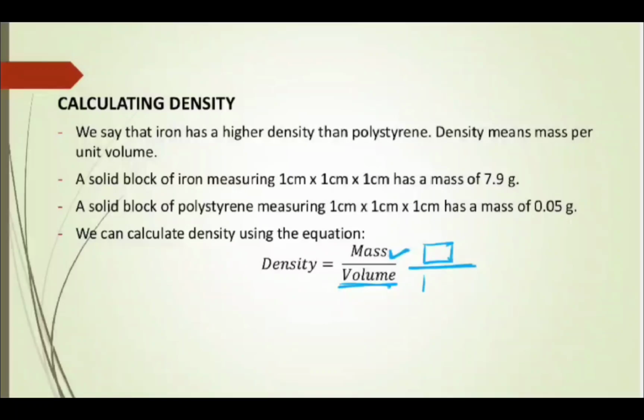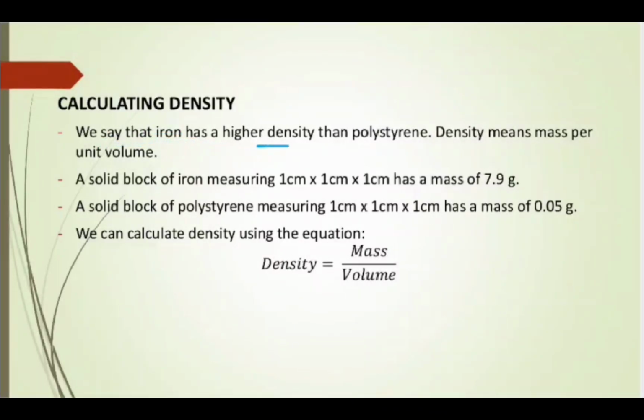Volume we just looked at how to calculate. Work it out and you get the density. You write the answer and that's it. Put the unit behind.